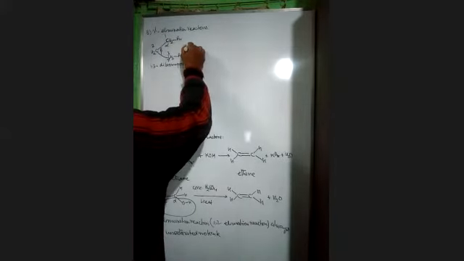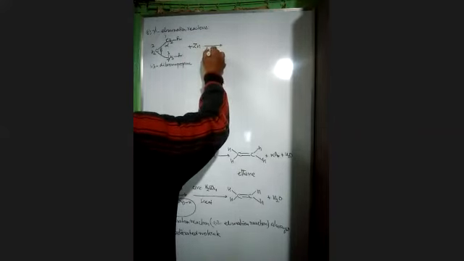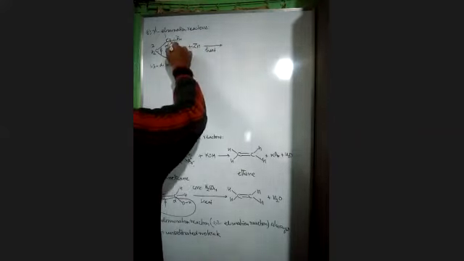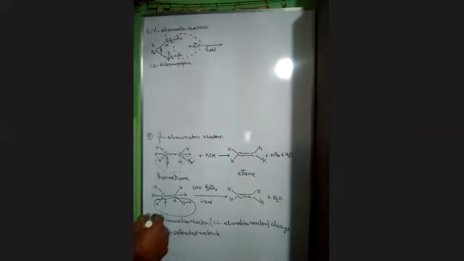This one, if I add zinc dust and heat it, what will happen? It will go out. When it goes out, valence of the carbon reduces by 1. So in that case, to maintain valency, they will join with each other.